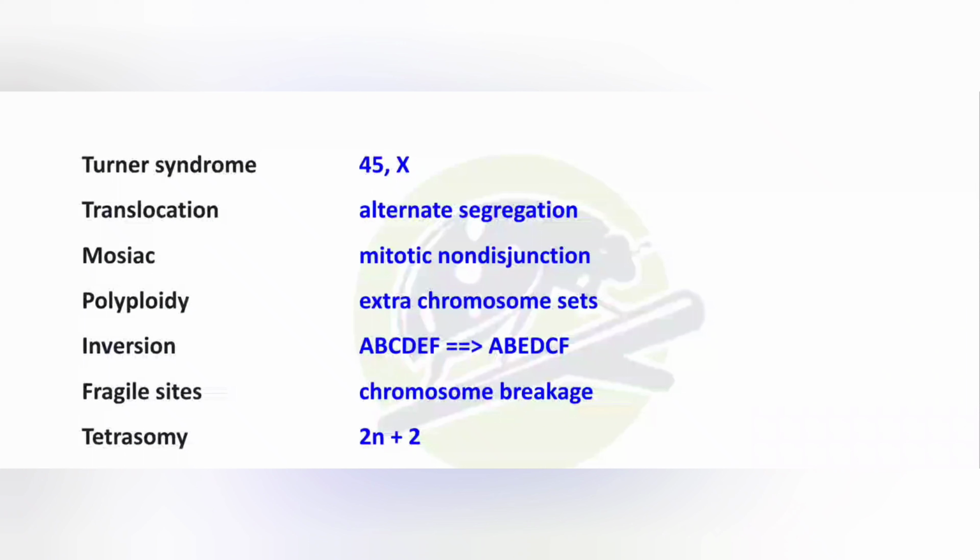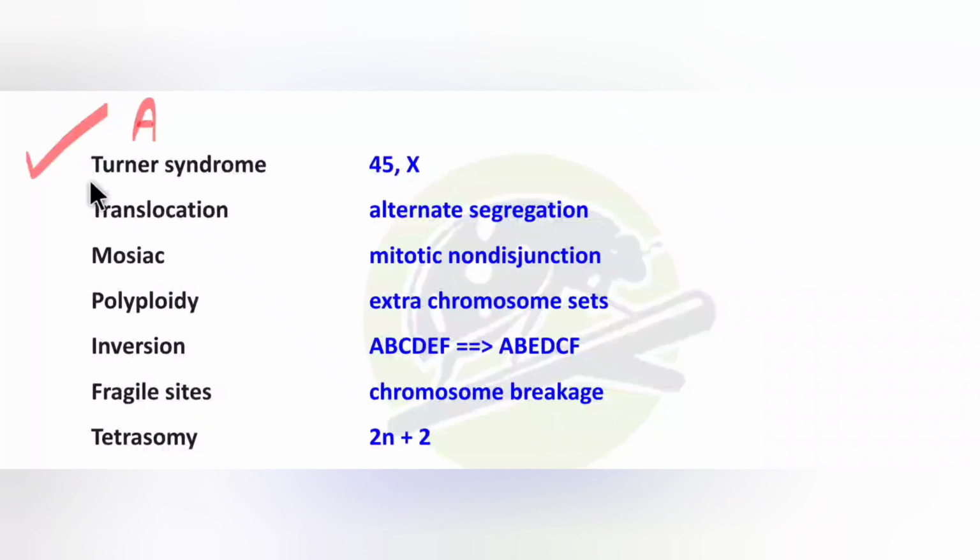So we will start our today's video with this match the following type of format question. In this A column, some of the important facts are given, and in this B column you have to match the exact function or the definition. It means the Turner syndrome.